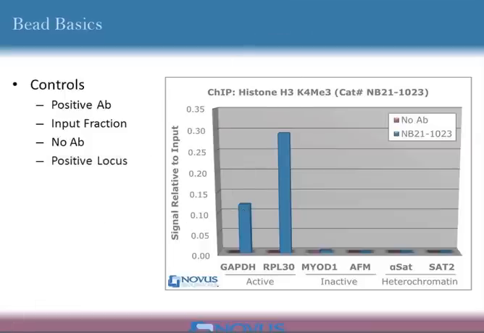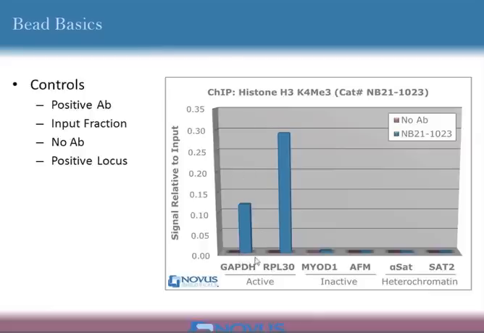It's also good, if you know the loci of your positive control antibody, to have a positive control locus. So here we know that H3K4me3 is associated with active transcription in cells.